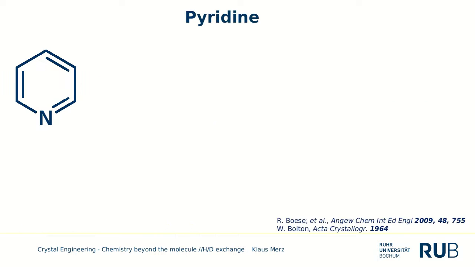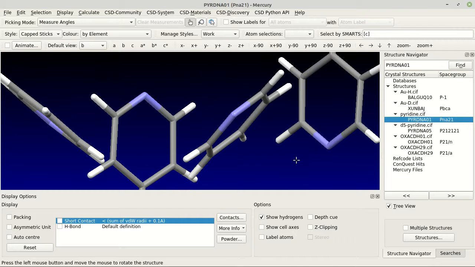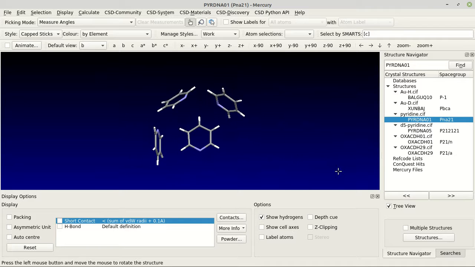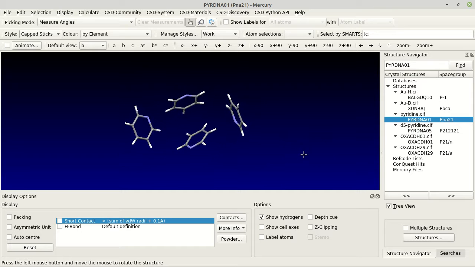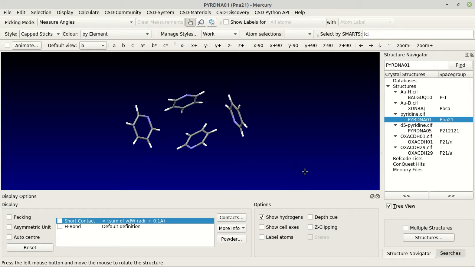Next example. These were examples of, I would say, strong or moderate hydrogen bonds. Another example: pyridine. Pyridine is a well-known compound, everybody knows it. If you open Mercury and look at the crystal structure of pyridine, the first thing you see is 4 molecules of pyridine.